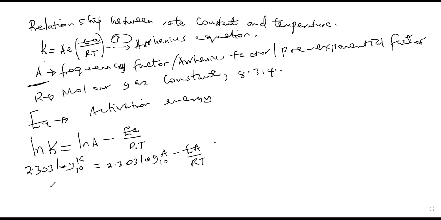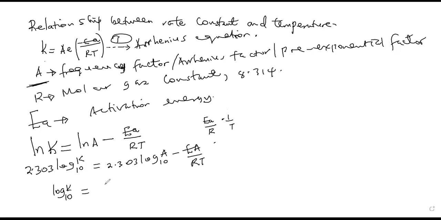So my log 10 of K is going to be equal to, you can work on this equation very carefully, because this EA over RT is the same as EA over R, then times 1 over T. They are the same.